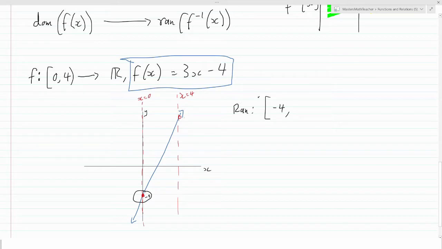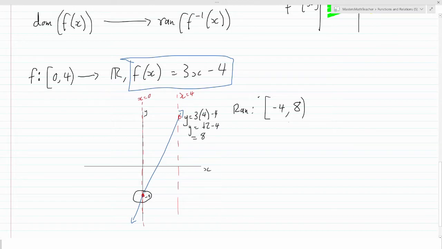How do we find the y coordinate? Well, we substitute it back into the original. So y equals 3 times 4 take 4. So y equals 12 take 4, which equals 8. So our RAN goes up to 8 with a circle bracket because we do not reach 4.